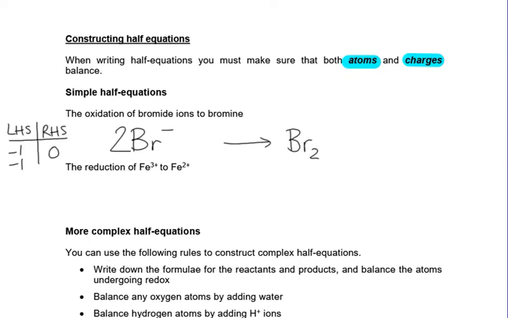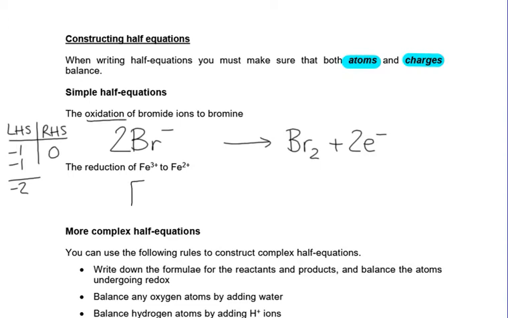And the only thing I've got is negatives to add. Now, since the left-hand side adds up to -2, I'm going to need to make the right-hand side be -2, because all I can do is make the numbers go down, because I've only got electrons. So I need to add 2 electrons to the right-hand side in order to balance the charge. And then say to yourself, does it answer the question, is that an oxidation? Well, yes, because we've lost electrons.